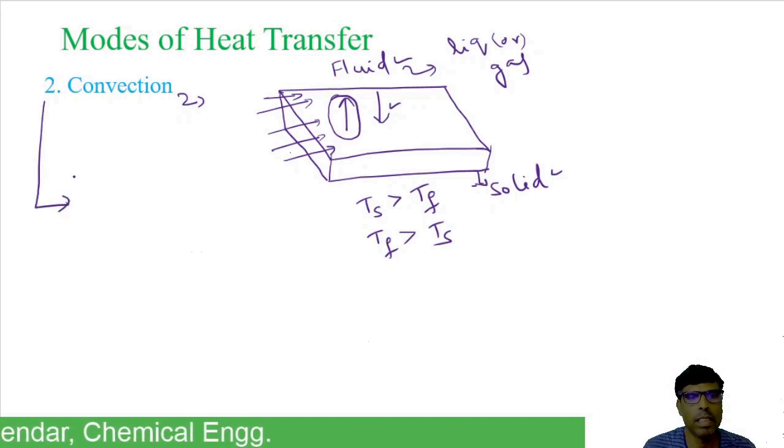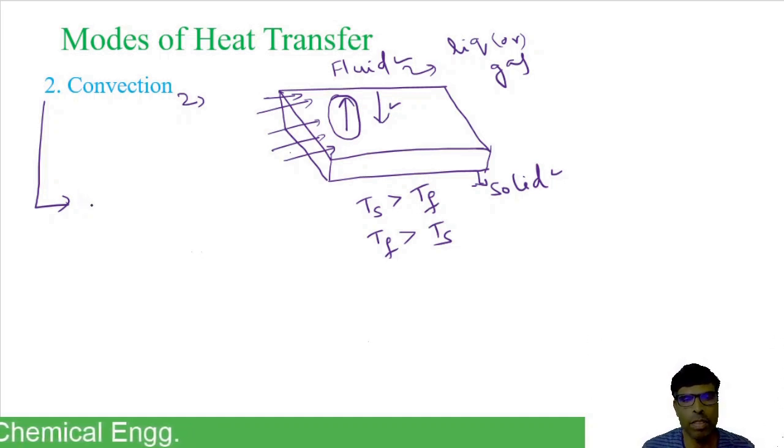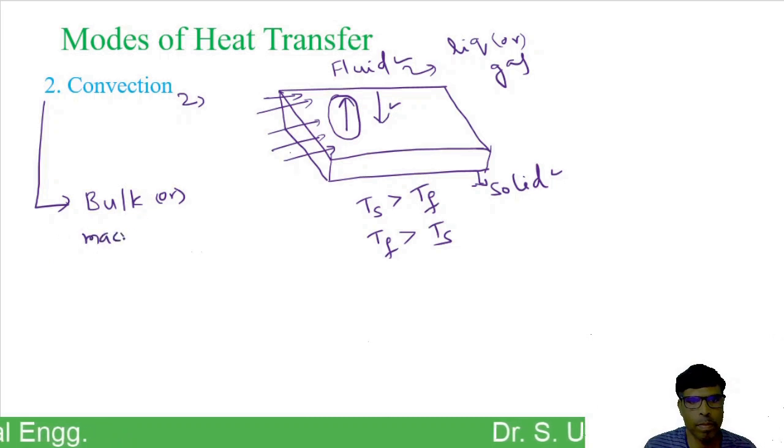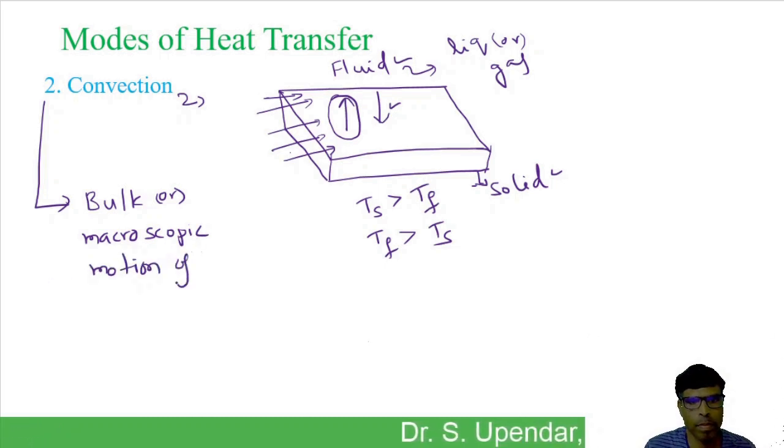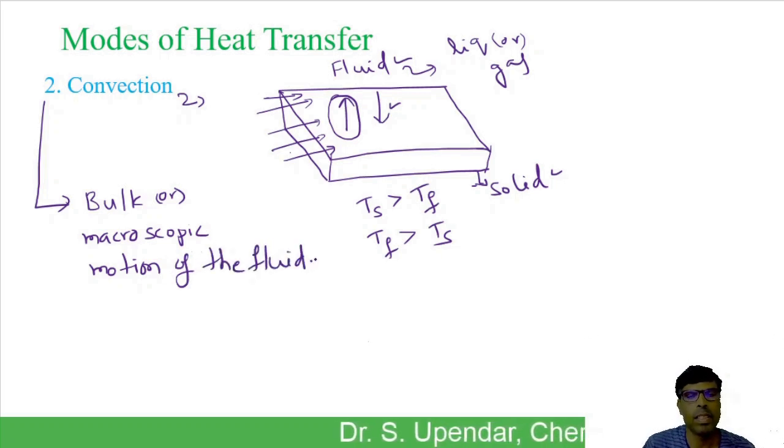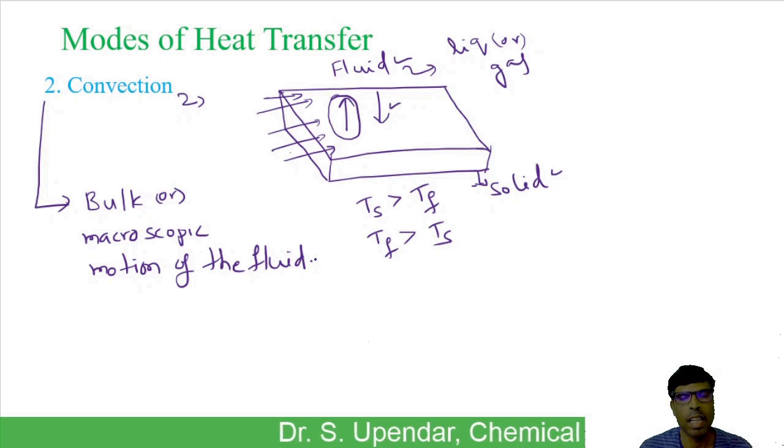Convective heat transfer mechanism is comprised of two mechanisms. They are interaction between the molecules and bulk or macroscopic motion of the fluid. In addition to energy transfer, due to the interaction between the molecules, energy is also transferred by movement of the fluid.